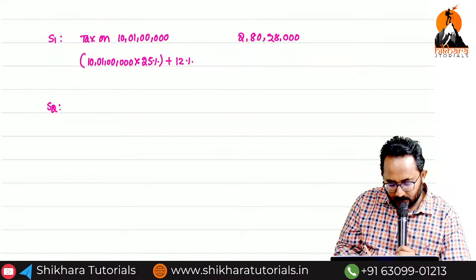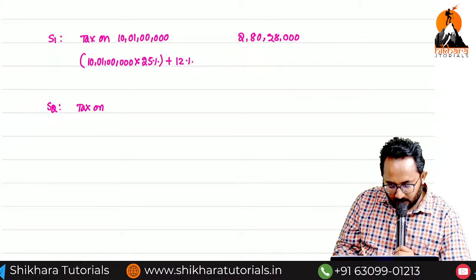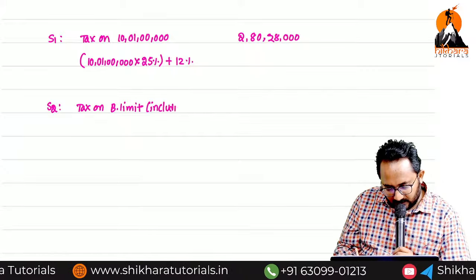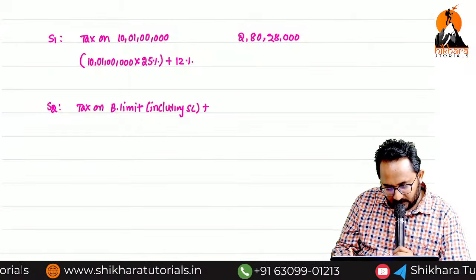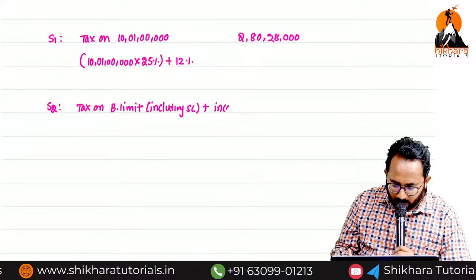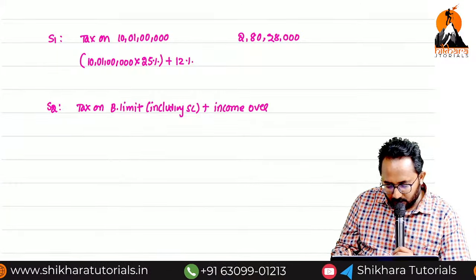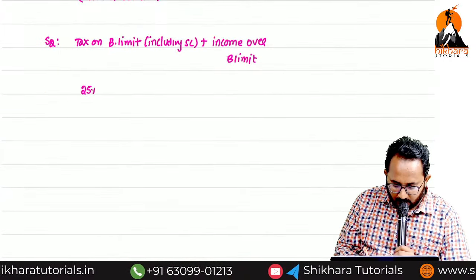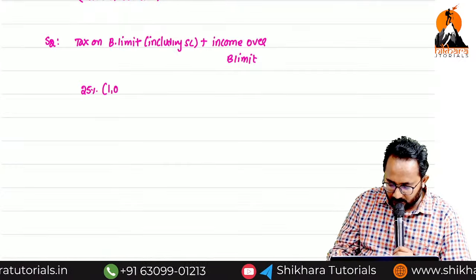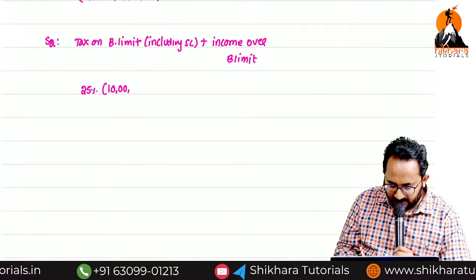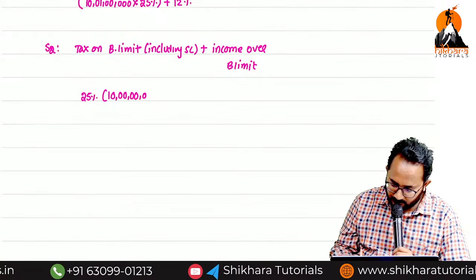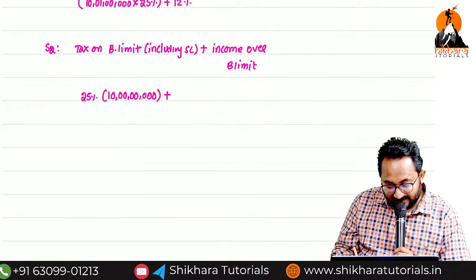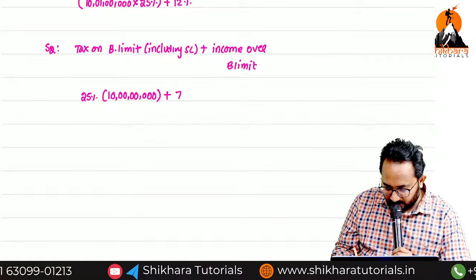Step 2, tax on basic limit. In this question, what is the basic limit including surcharge? Tax on basic limit including surcharge, plus tax on income over the basic limit. What is the basic limit? 10 crore. 25% of that 10 crore, plus the 10 crore related surcharge, how much? 7% only.